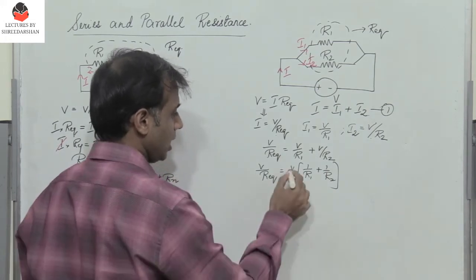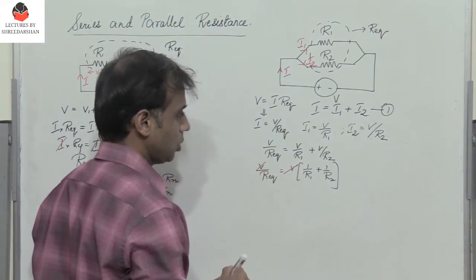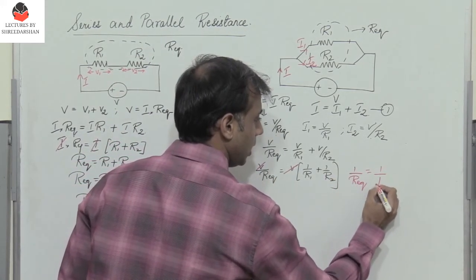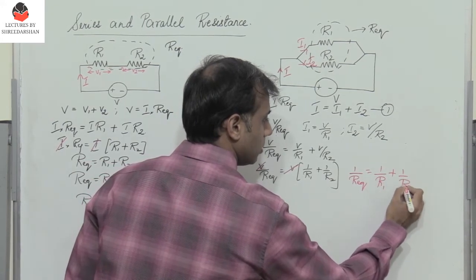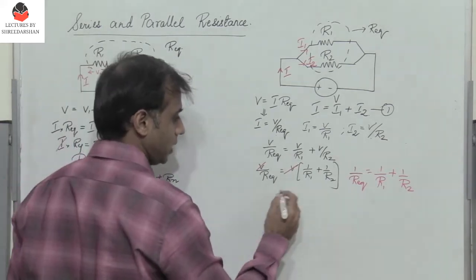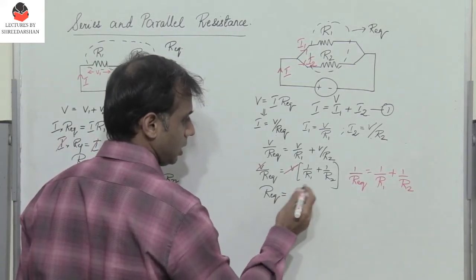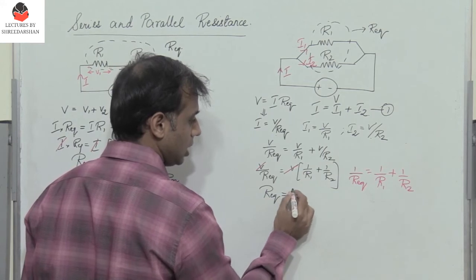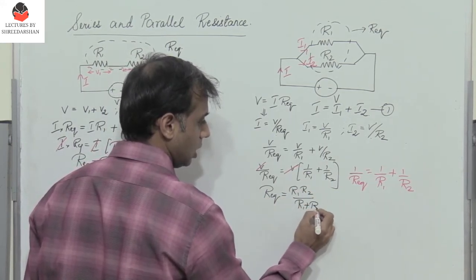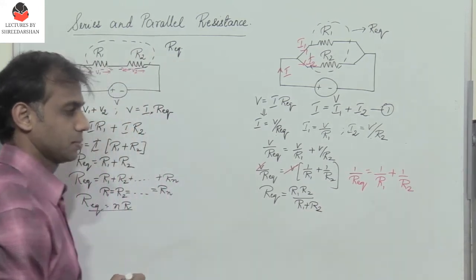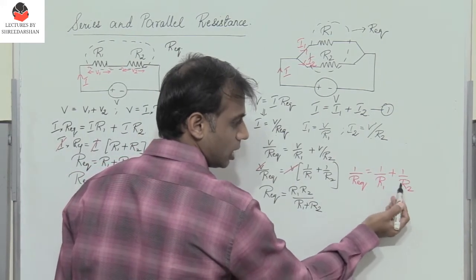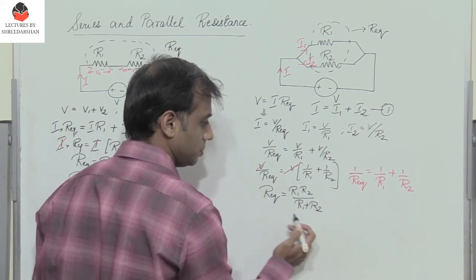Therefore 1 by equivalent resistance is 1 by R1 plus 1 by R2. Or if I take the LCM, I get R1 plus R2 divided by R1 R2, and if I take the reciprocal, R equivalent is R1 R2 divided by R1 plus R2.